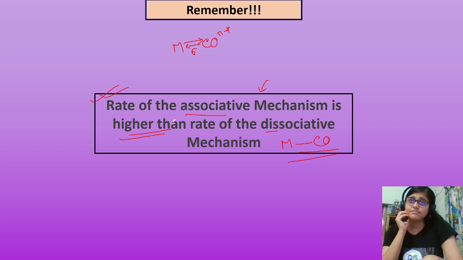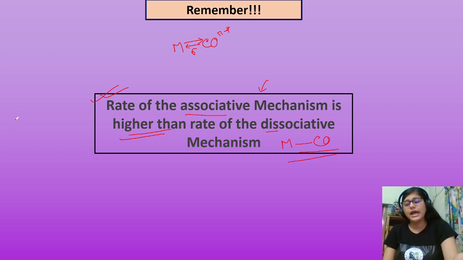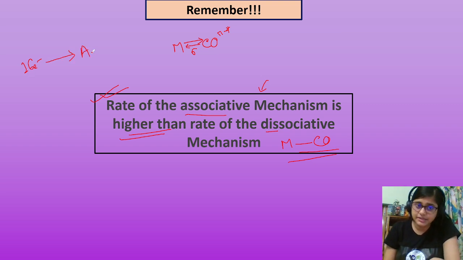because in many questions many reactions can be given. You have to first calculate the electron count for that complex. Then you can understand that if it is a 16 electron complex, it can go towards associative because it has less than 18 electrons.